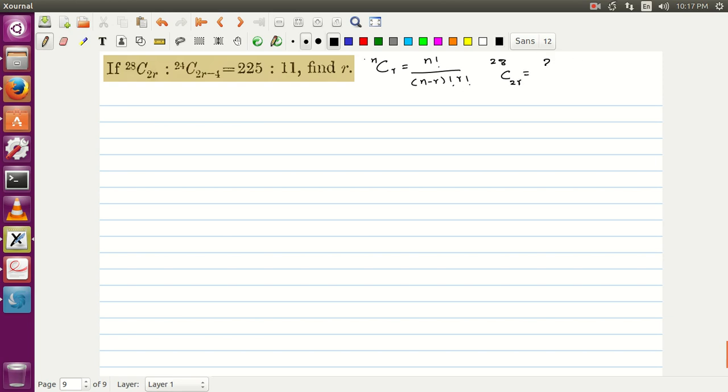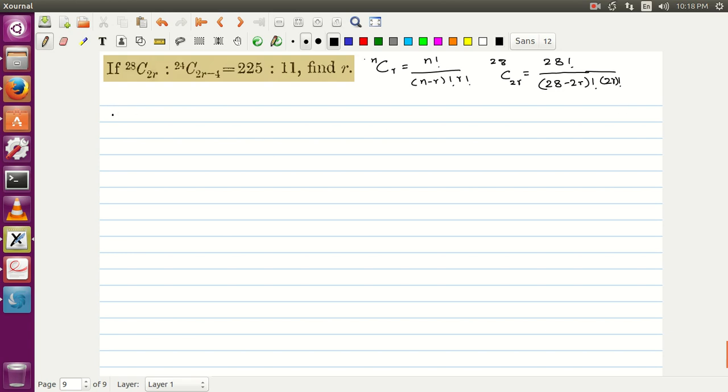This will be equal to 28 factorial divided by (28 minus 2r) factorial divided by (2r) factorial, right?